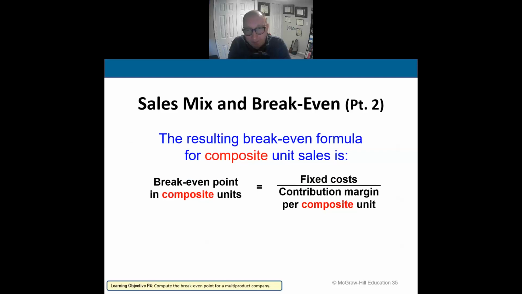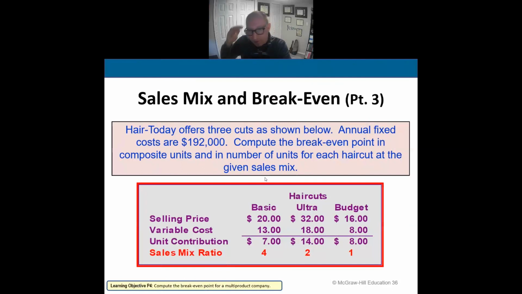I take my fixed cost and divide that by the contribution margin per composite unit. A composite unit is where we took all of our individual products that we're selling, found the contribution margins, added them all up and divided by the number of units that we're selling. Think about it like we're expanding outward.